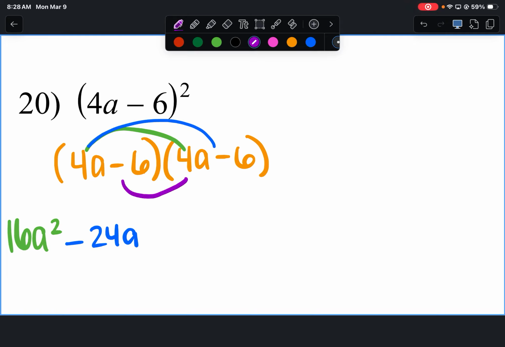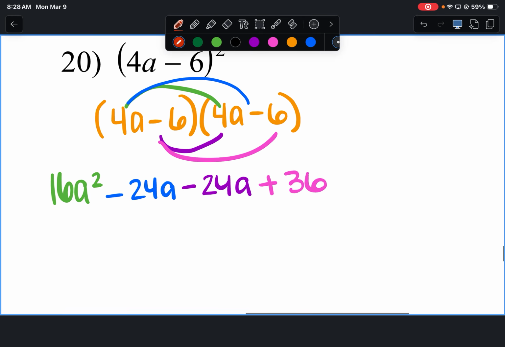Negative 6 times 4a is? Negative 6 times negative 6 is positive 36. And then to write our final answer, what would it be? 16a squared plus 10... Wait, don't those, oh wait, never mind. I'm sorry, I thought they canceled out. They don't cancel out because that is not a difference of squares, yeah?